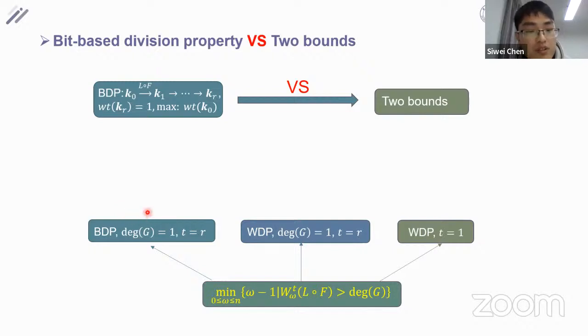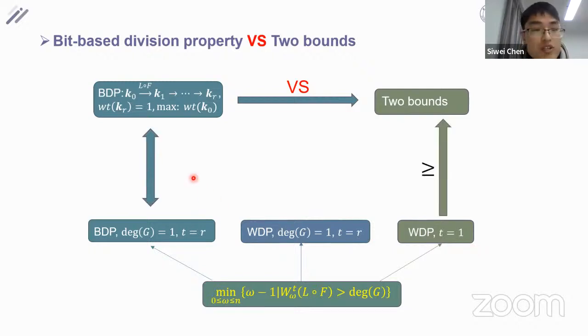That is, the algebraic degree of G is actually 1, and we set t to R. In model 2, we consider word-based division property, and in model 3, we consider word-based division property, and we set t to 1. In this case, the function G is always varying with the round increasing.